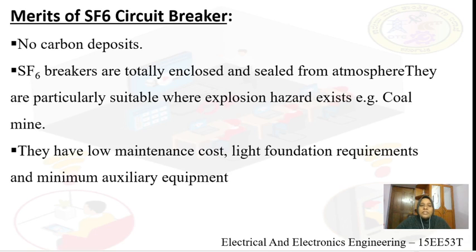So minimum maintenance is required. You don't require any huge maintenance when compared to your oil circuit breakers or air circuit breakers, and they require light foundation when they are being installed. And the other supportive equipments we use, that is auxiliary equipments required, are very less when compared to other types of circuit breakers. So these are the important merits of SF6 circuit breakers.